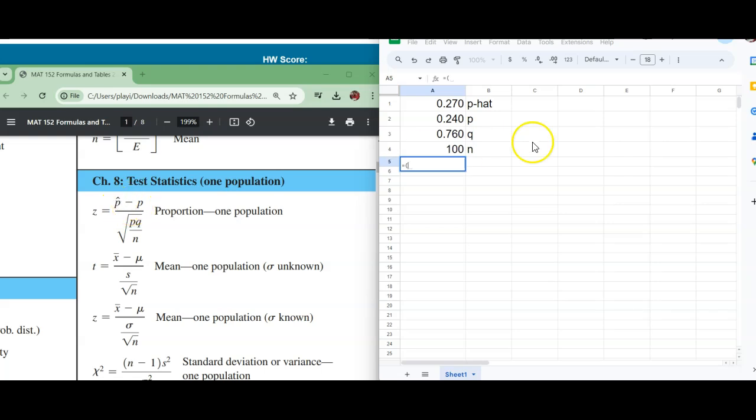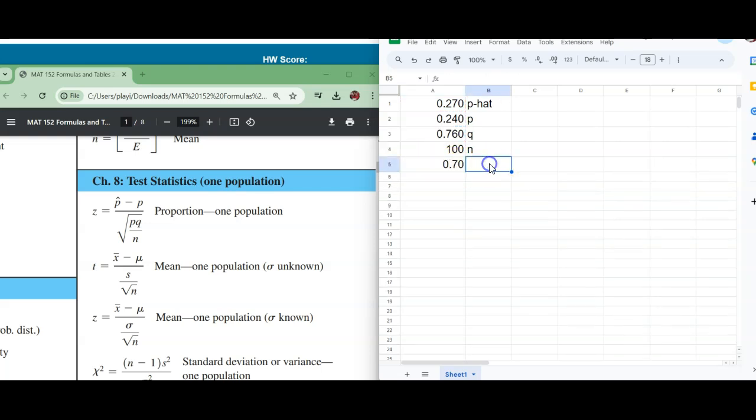So parentheses P hat minus P, close that parentheses, and then divide by the square root symbol, so I can just do SQRT. P again, so click the P value, times Q, and then divide by N. All of that is under the square root symbol. So close off the square root and hit enter. And there is your TS, the test statistic.